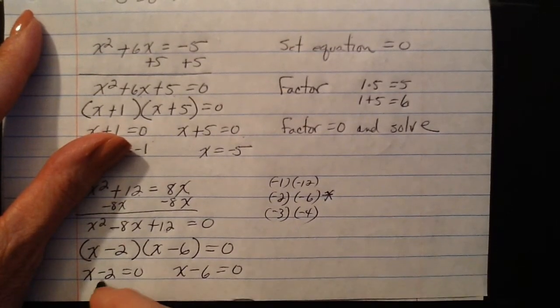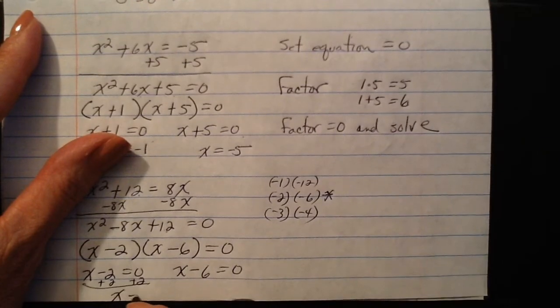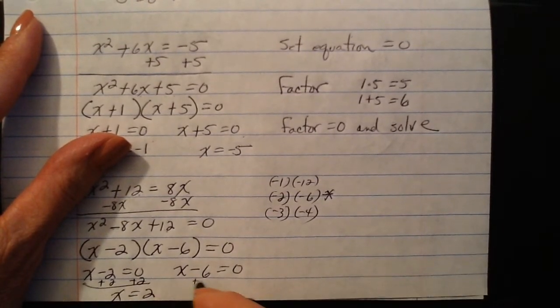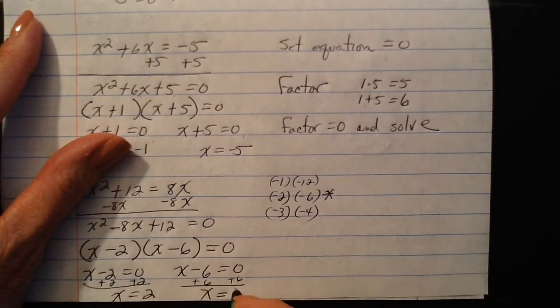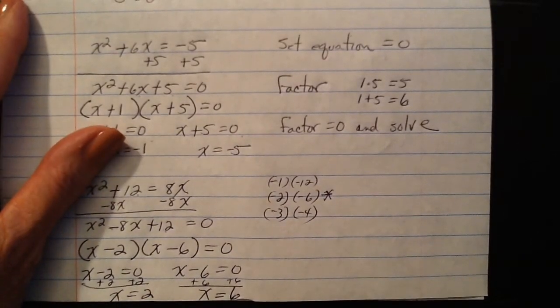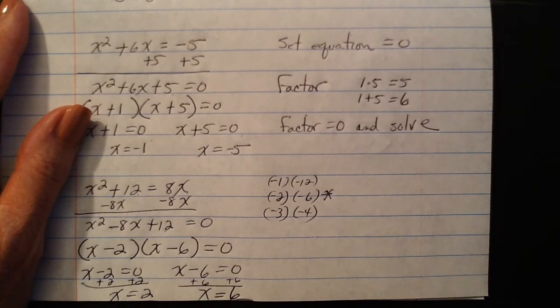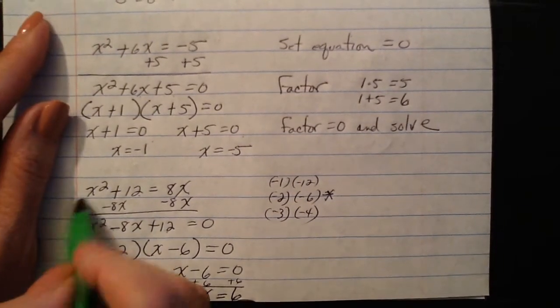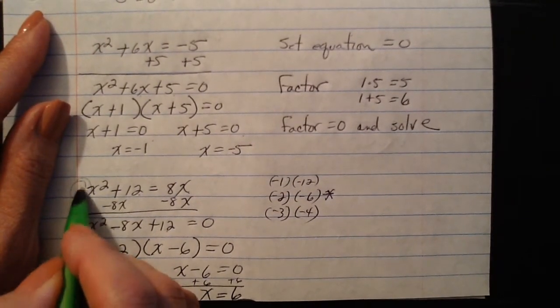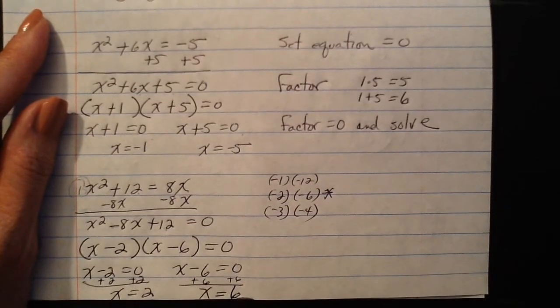And solve. Add 2, x equals 2, add 6, x equals 6. Okay, and that's a quick review of factoring. When the coefficient of the quadratic term is a 1, this method will work.